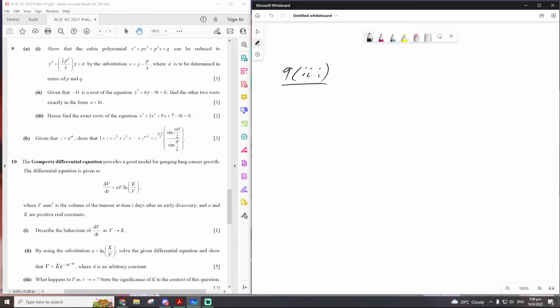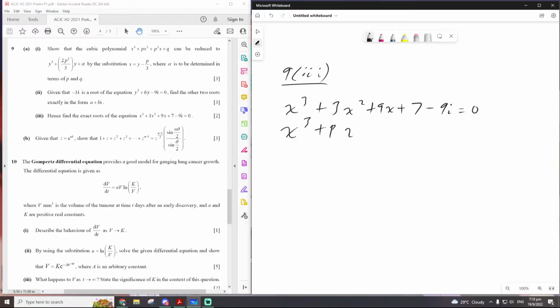Hence, find the exact roots of this equation: x cubed plus 3x squared plus 9x plus 7 minus 9i equals 0. It says hence, so we probably have to make use of the previous parts. Let's look at what we have earlier.